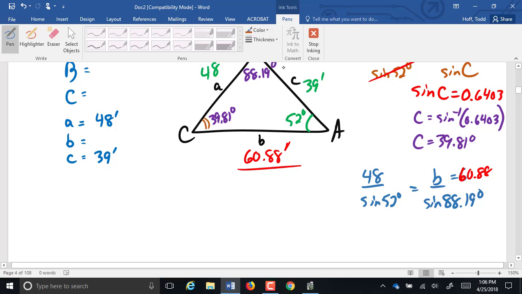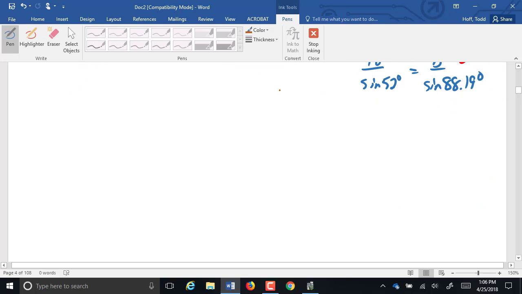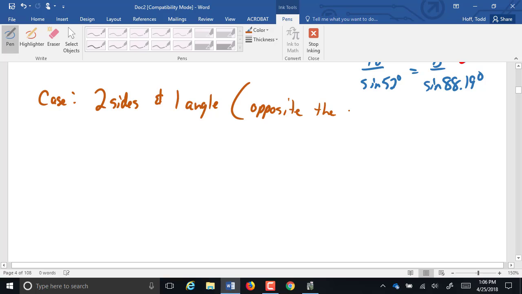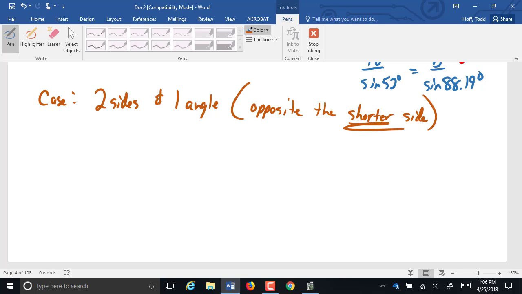Our next case is where we start to have problems. We have two sides and one angle, but the angle is opposite the shorter side. Let's take a peek.